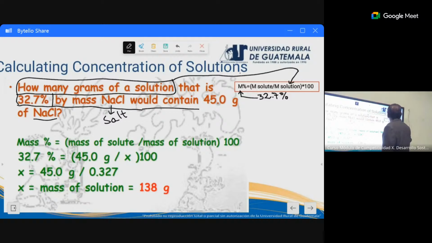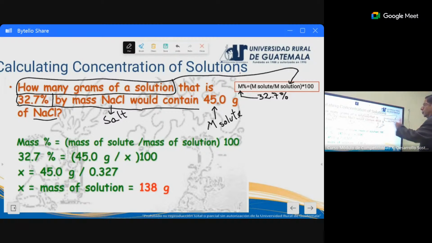And also we have the mass solute, that is here. This is the M solute. The M solute.